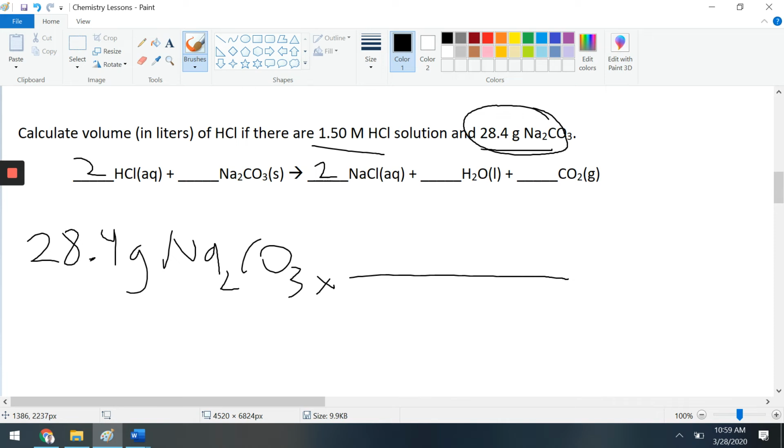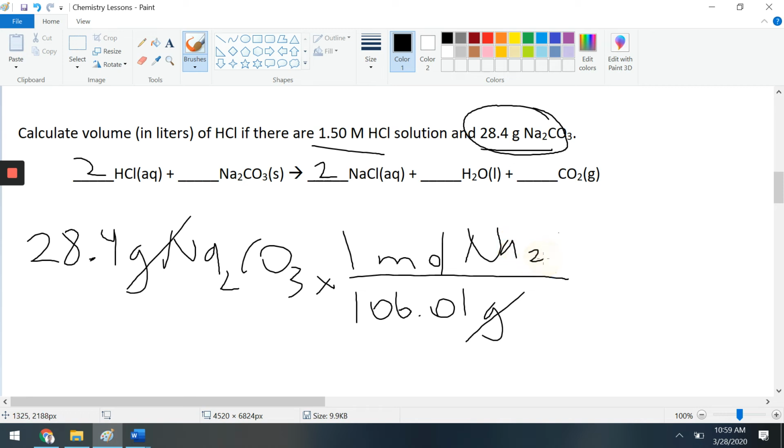Okay, so again, use the periodic table, add up the individual molar mass, and it should be 106.01 grams. Top should be 1 mole of sodium carbonate. Okay, so cancel. This should be sodium carbonate.